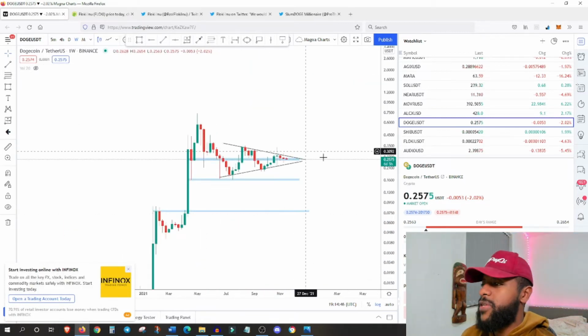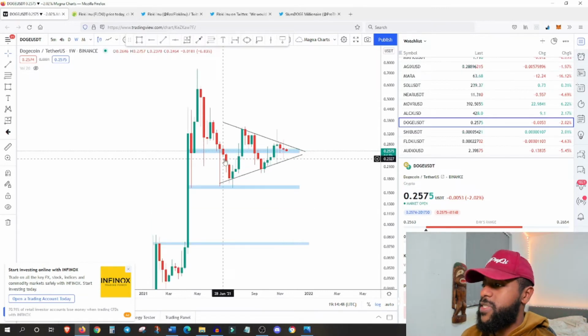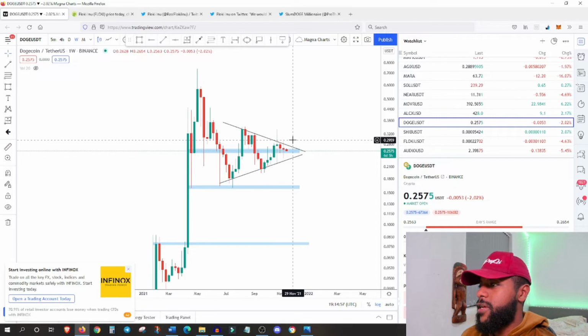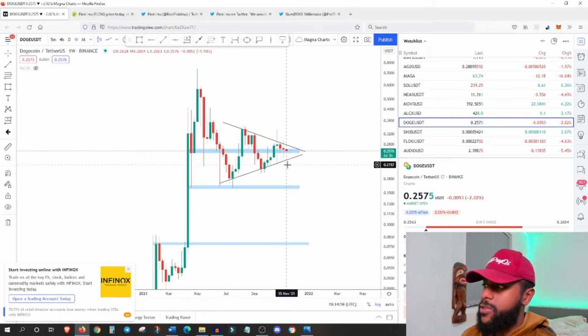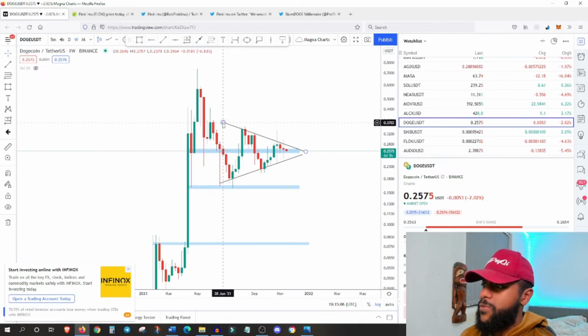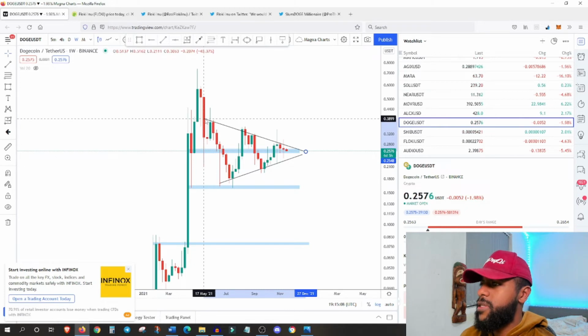Obviously a different pattern to what we're seeing right now, which is high highs being created within this symmetrical triangle. We want to break above this and then create further higher lows. Okay, I think I said higher highs before. Higher lows, should I say. That's what we're waiting for, and then we can turn bullish.